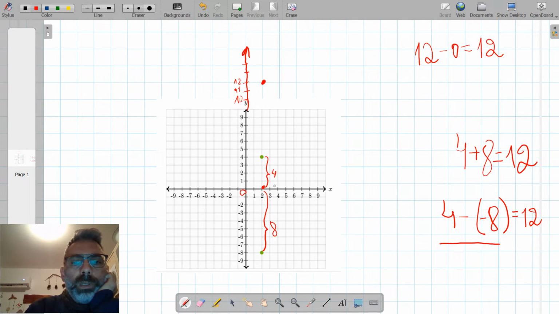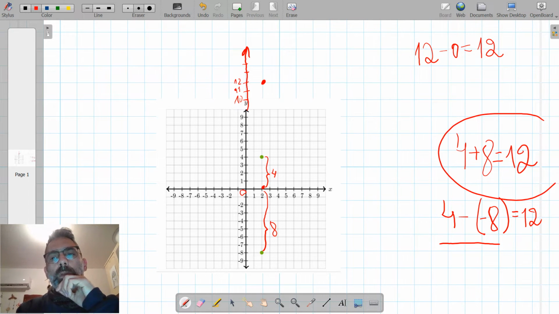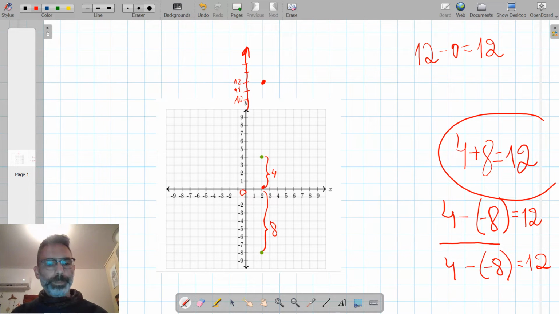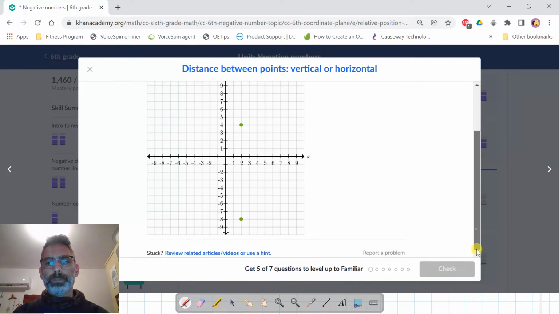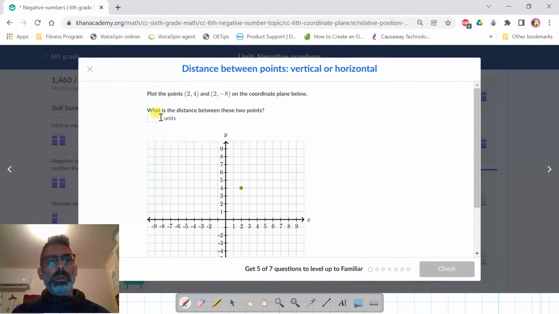So we're actually doing addition, 4 plus 8, which explains why when we subtract a negative number from a positive number, we basically flip the sign to an addition. Okay. So the distance is 12 units.